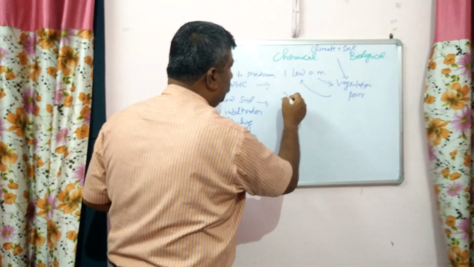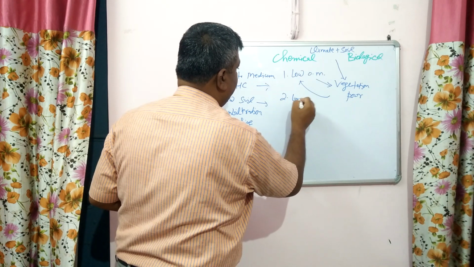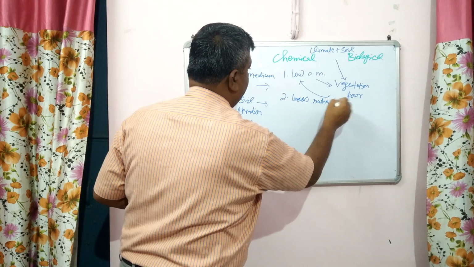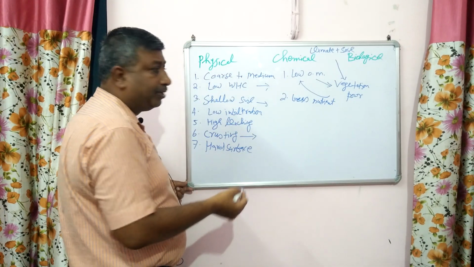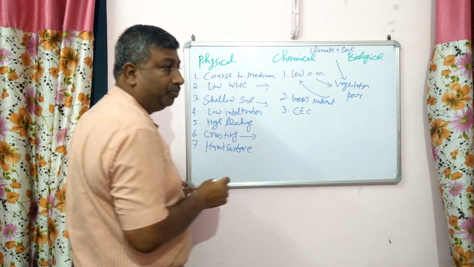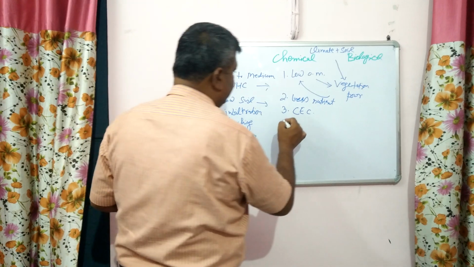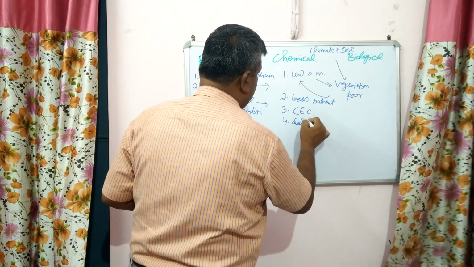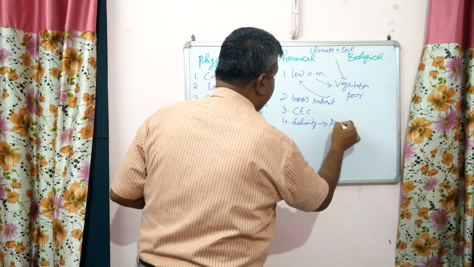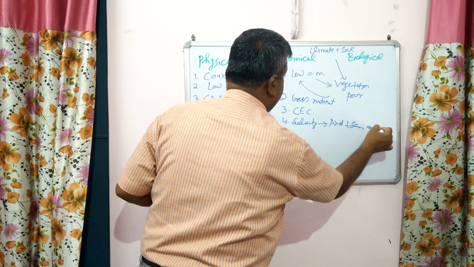Because of this low organic matter, nutrient content is low, whether it is macronutrients or micronutrients. Then CEC, cation exchange capacity, is also low because highly weathered soil cannot retain nutrients. Then salinity is high, but only in arid and semi-arid regions.